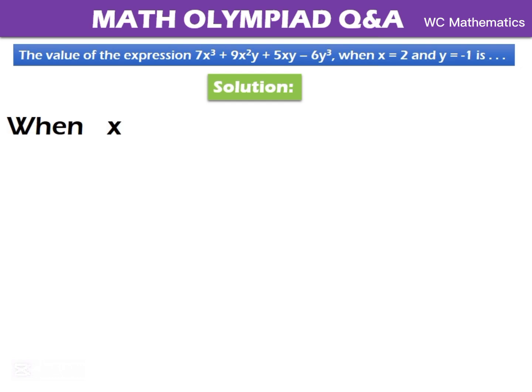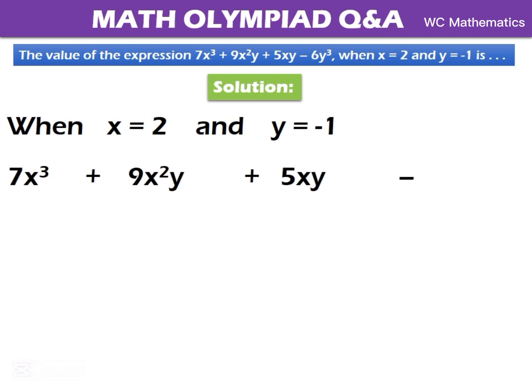When x equals 2 and y equals minus 1, in the expression as we have it there, the first term 7x cubed now becomes 7 into bracket 2 raised to power 3, that's 2 cubed. As you can see, x has now been substituted for 2 because x equals 2. So x raised to power 3 now becomes 2 raised to power 3.